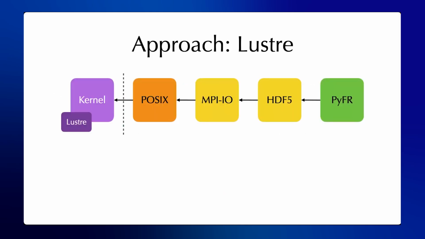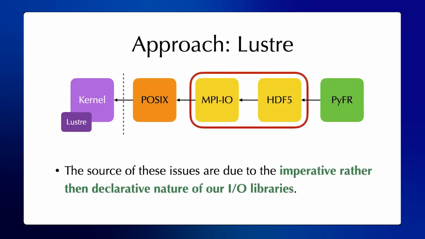And the answer is yes, so long as we're willing to deal with this Gordian knot that is HDF5 and MPI I/O. The source of all of these problems around locking is because our I/O libraries are imperative rather than declarative. Lustre doesn't know what you're going to do until you do it.